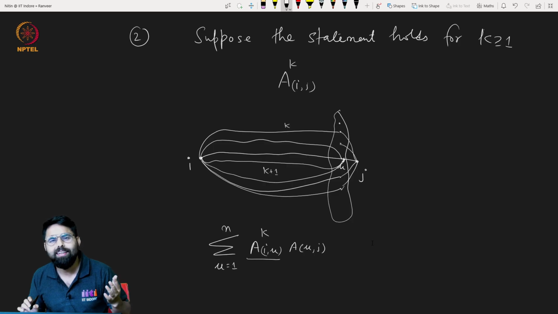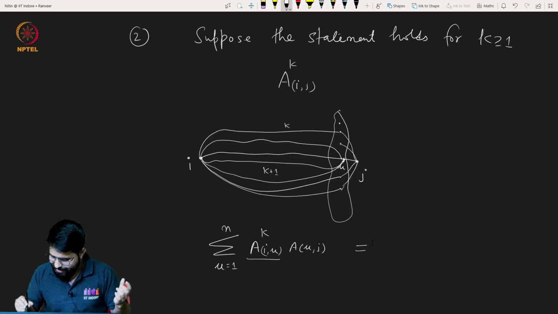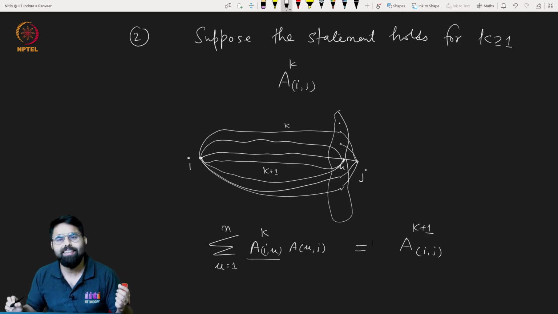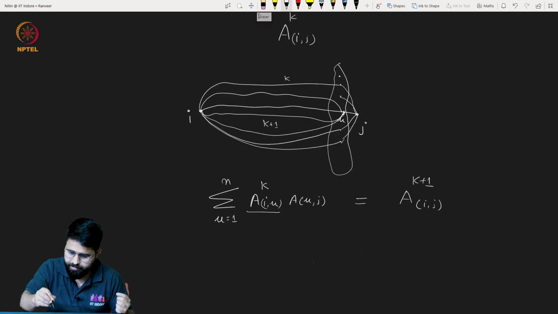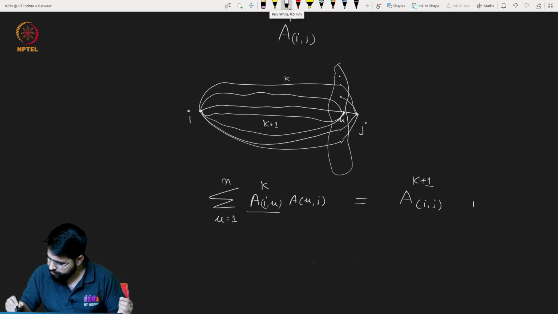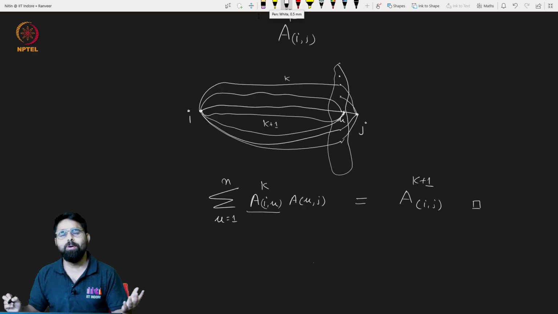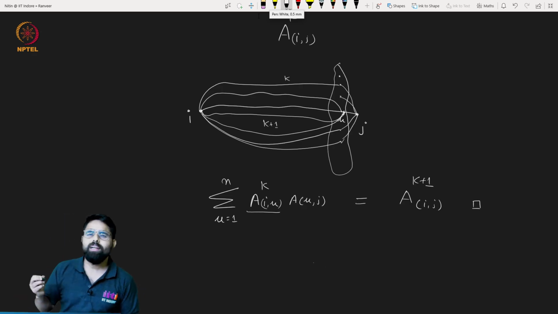If you see, this is nothing but the quantity A to the power k plus 1, entry i and j. Proved.